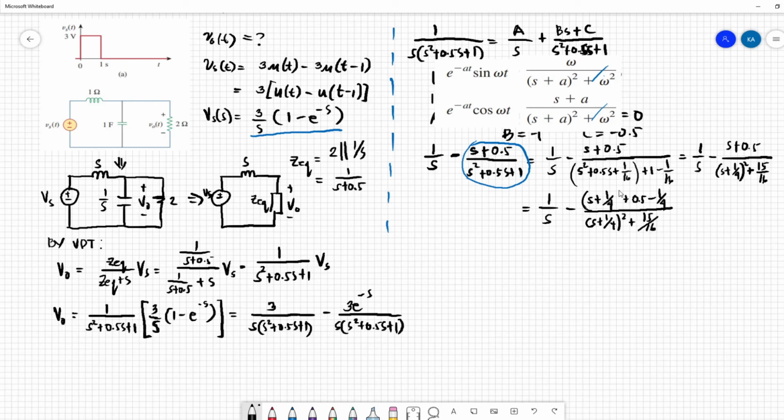Now we can separate these two terms. We have 1 over s minus s plus 1/4 over s plus 1/4 squared plus 15 over 16, minus, since 0.5 minus 1/4 is 1/4, 1/4 over s plus 1/4 squared plus 15 over 16.